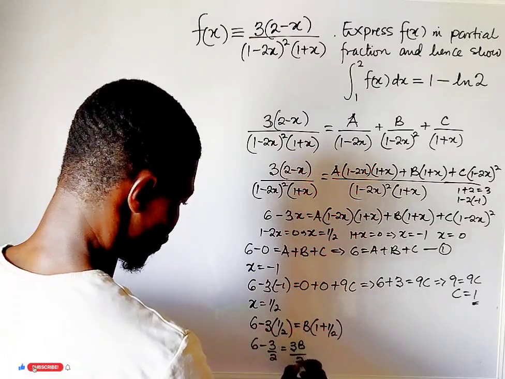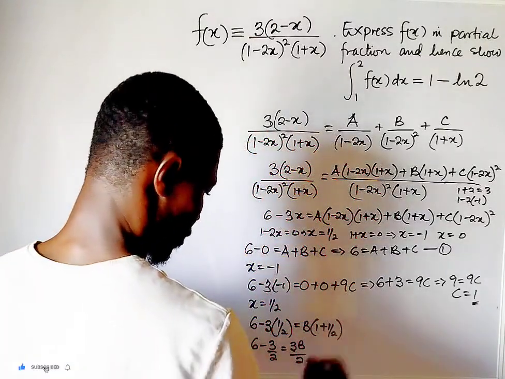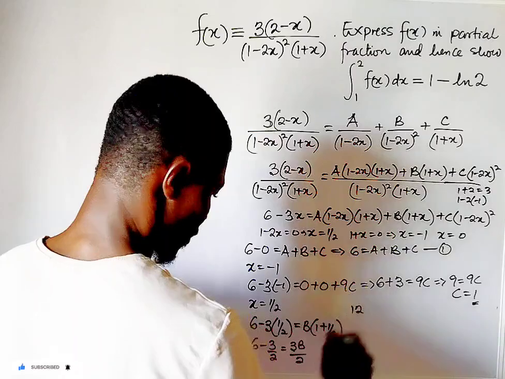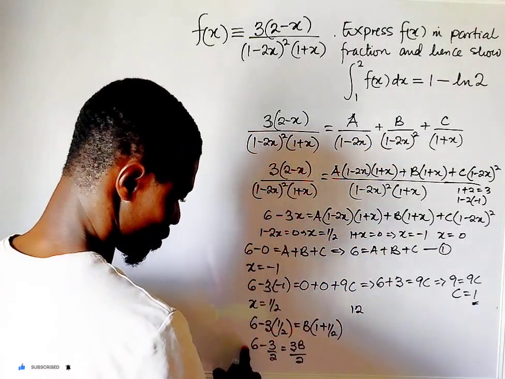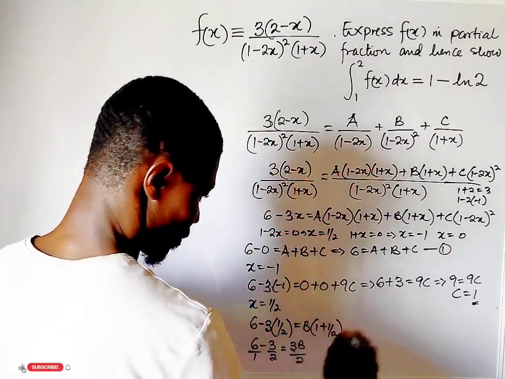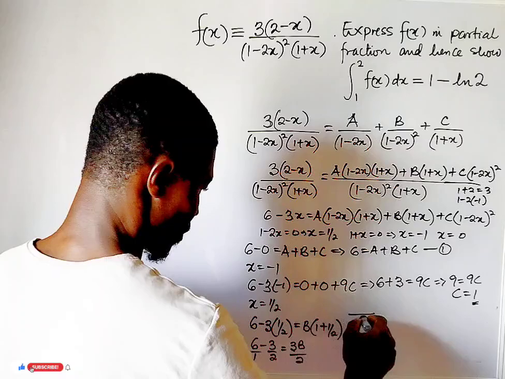3b all over 2. Now here we have 12, that is 2 times 6, or you find the LCM. The LCM here is 2.